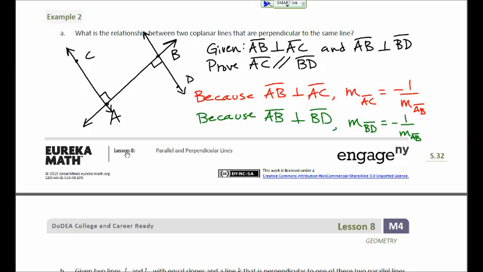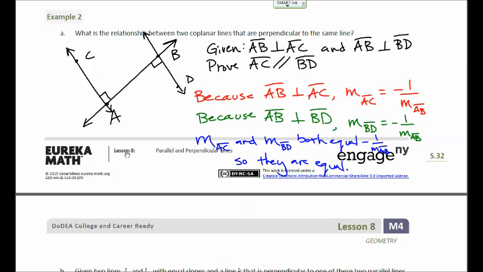Next, we'll notice that the slope of segment AC and the slope of segment BD are both equal to -1 over the slope of AB. So they are equal.